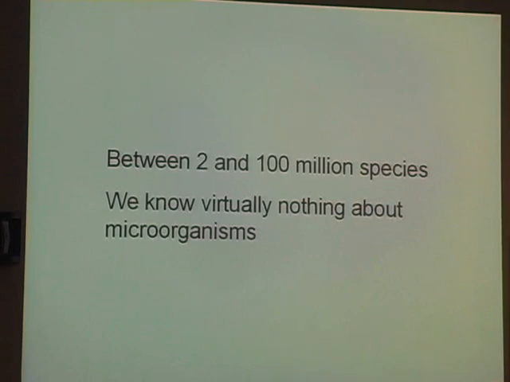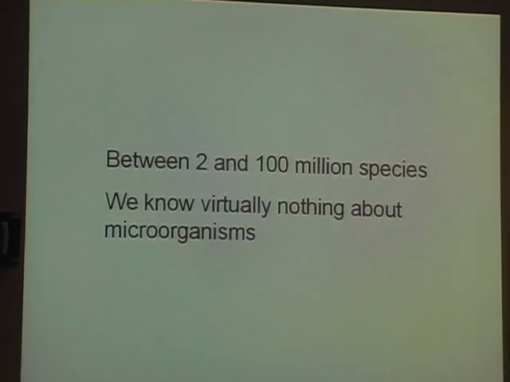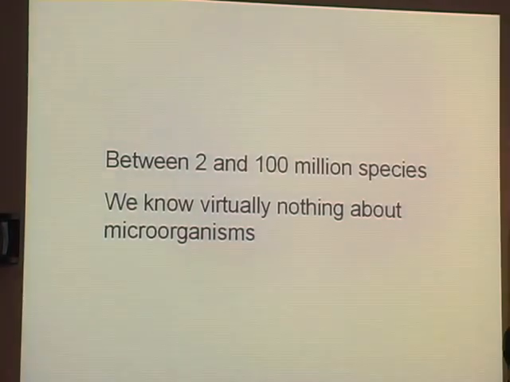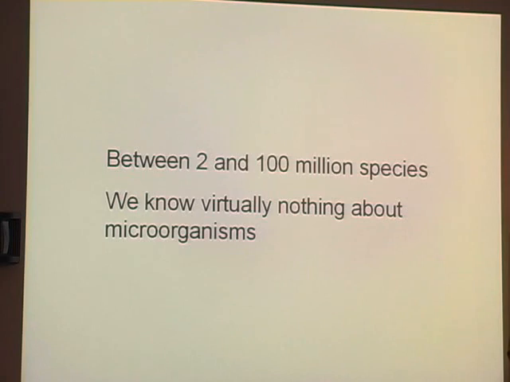We don't know how much life there is on this planet in terms of diversity. The numbers vary between 2 million and 100 million, and I think that may be off by a factor of 10 or more. We really know very little about microorganisms.